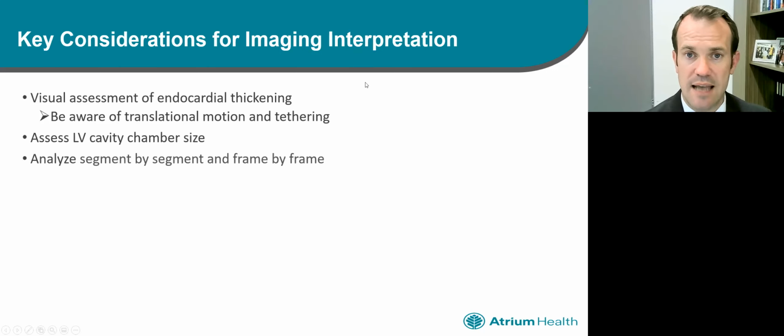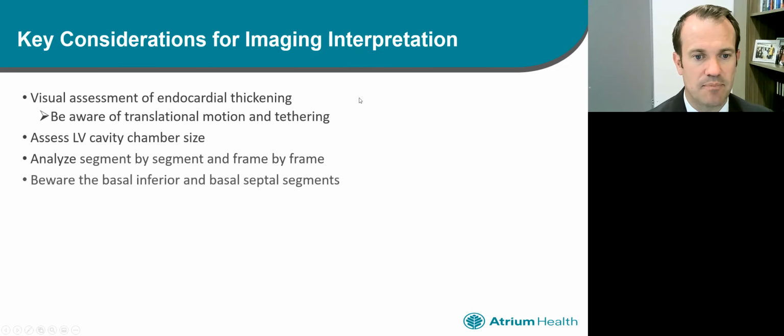We're going to look at each segment by segment, and we'll do that analysis going frame by frame, particularly in early systole. We want to be careful of the basal inferior and basal septal segments, as they can be tethered by the fibrous annulus, particularly if there's mitral annular calcification or a mitral valve ring or prosthesis there, but there should be normal thickening.